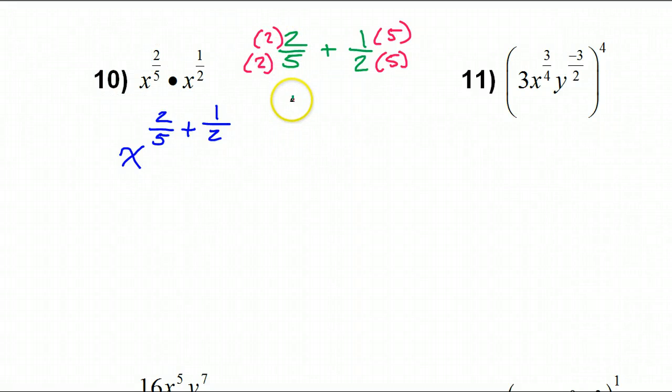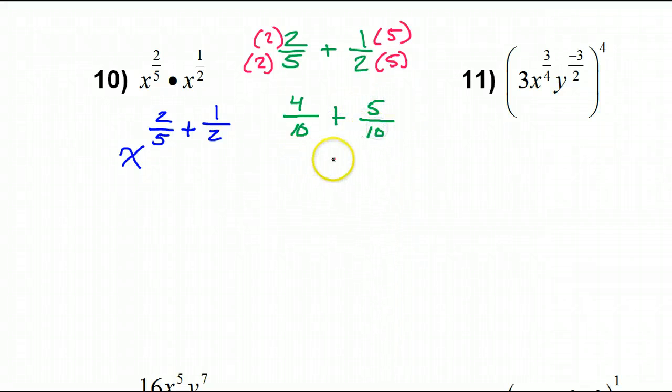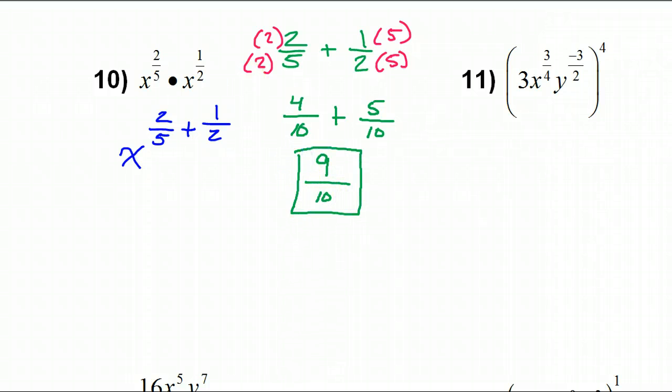So that'll give me 4/10 plus 5/10, which makes 9/10. I don't know why I'm putting a box around that. How about a circle instead? So that's what's going to be happening right here.